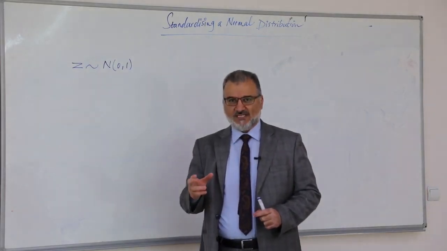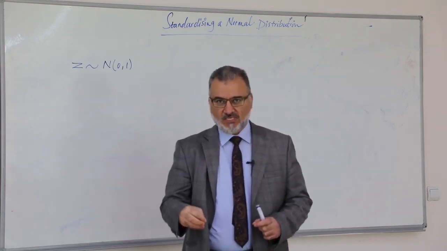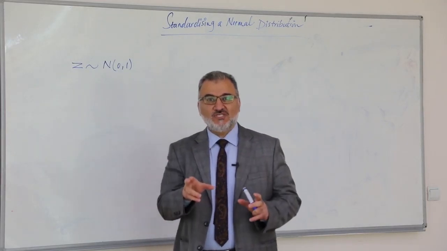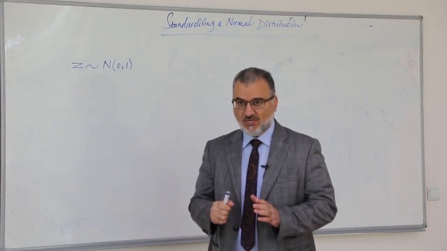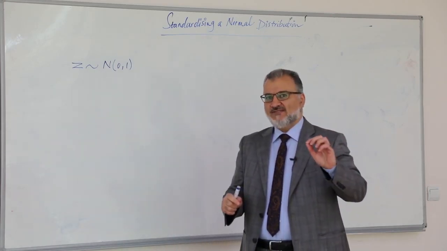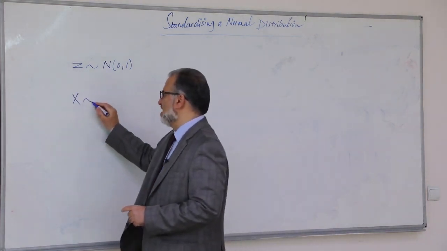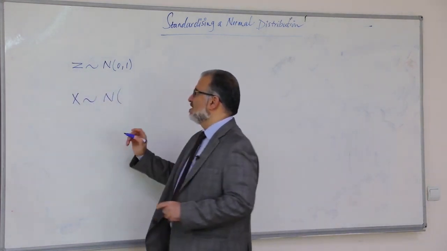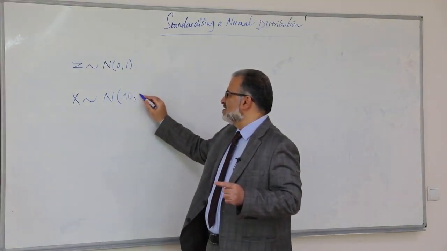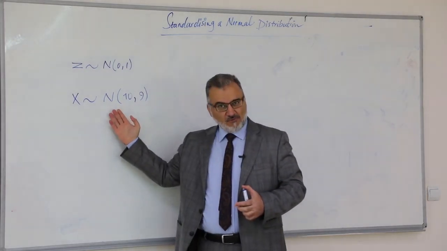Fortunately, we can find even the probability involving a continuous random variable that follows a normal distribution regardless of the values of mu and variance. Even if I have a continuous random variable following a normal distribution, let's say, suppose with mean 10 and variance 9, can we find that probability or not?